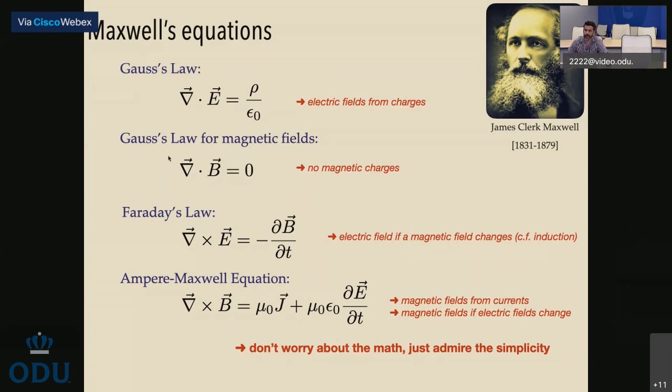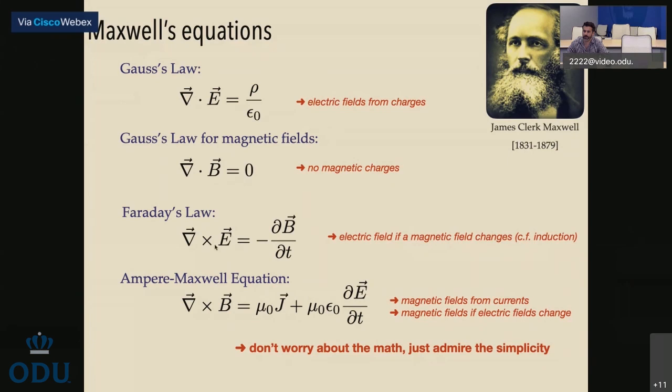There's a second law, which is this one, which I'm not going to define this mathematical object. It tells us that there are no magnetic charges. There are no magnetic monopoles like there are electric charges. If you find one, you will most definitely get a Nobel Prize. Okay, I'll say that much.